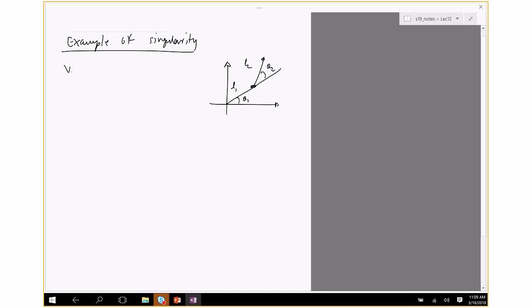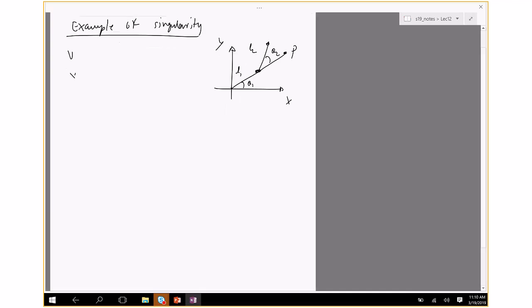And for this one, we found the velocity of point P. The Jacobian for this would be 6 elements and so on, but in this case we're only interested in the linear velocity, so velocity in the x and y. So we have to truncate that 6 by 2 matrix and only find the first two elements.